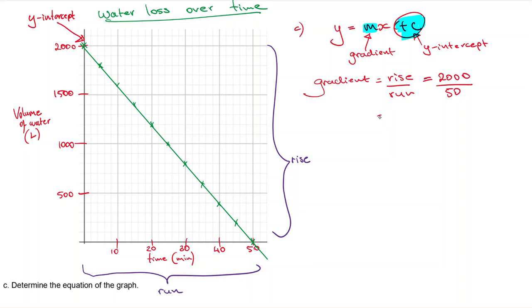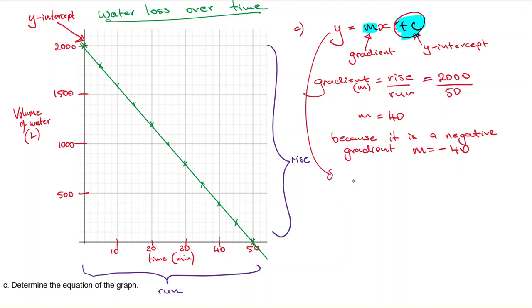But remember I told you it's a negative gradient. Because it is a negative gradient, m equals negative 40. Now I'll plug the values back into my original general formula. So I got negative 40x, and the y-intercept was 2000.